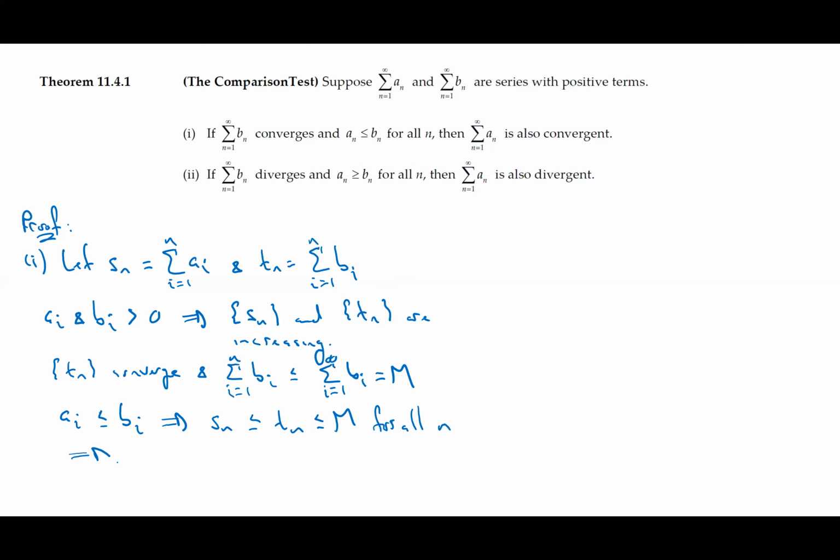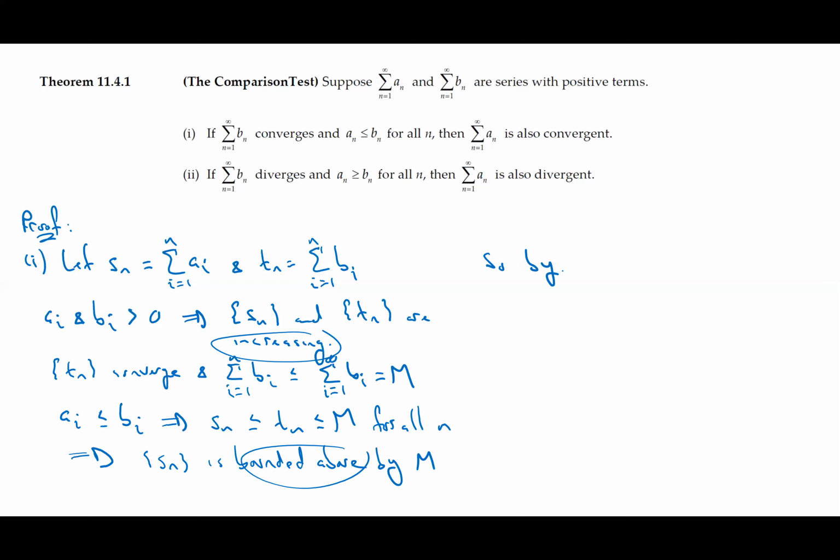That tells me that the partial sums for my AN series are bounded above, right? That sum's smaller than some other sequence of partial sums, which is bounded above, so my Sns must be bounded above. Okay, well, again, increasing, bounded above.